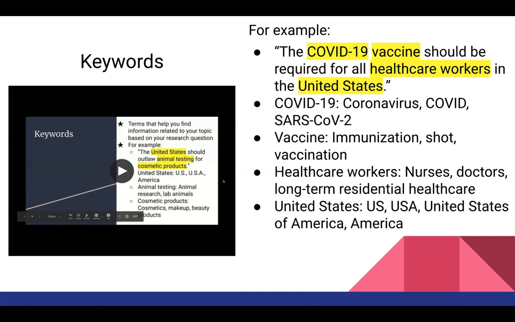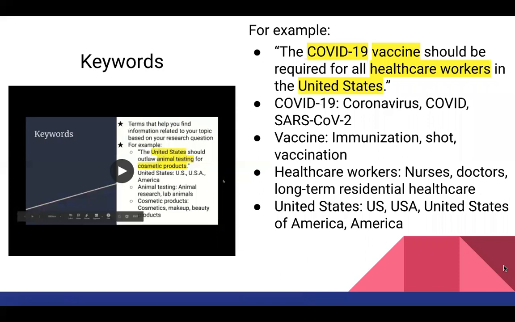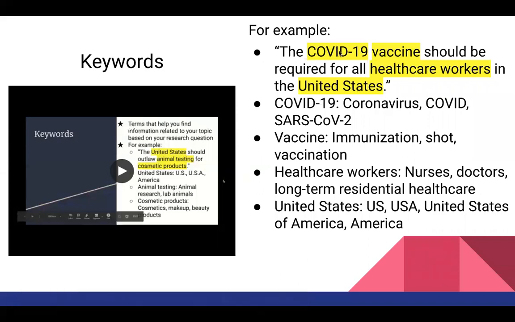So for instance, I might put it in the form of a sentence: the COVID-19 vaccine should be required for all healthcare workers in the United States. That's much more specific and much more helpful. What you would do then, I recommend, is go through, highlight or underline the most important terms, the keywords in your sentence, and then make a list of them and create synonyms for each one.